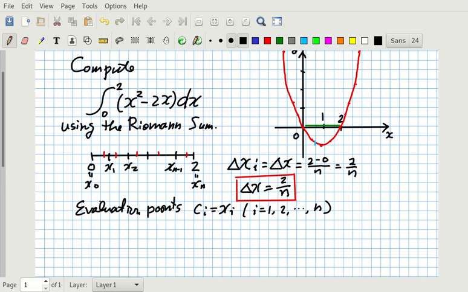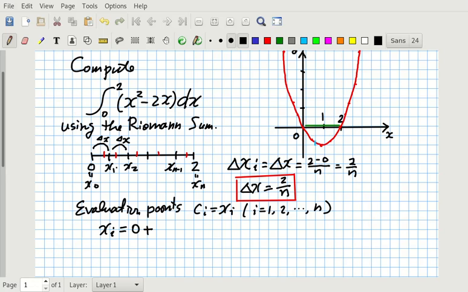Now each x sub i we can describe using the interval delta x. x sub i is the initial point 0 plus, because it's the end point, delta x and delta x and so on.